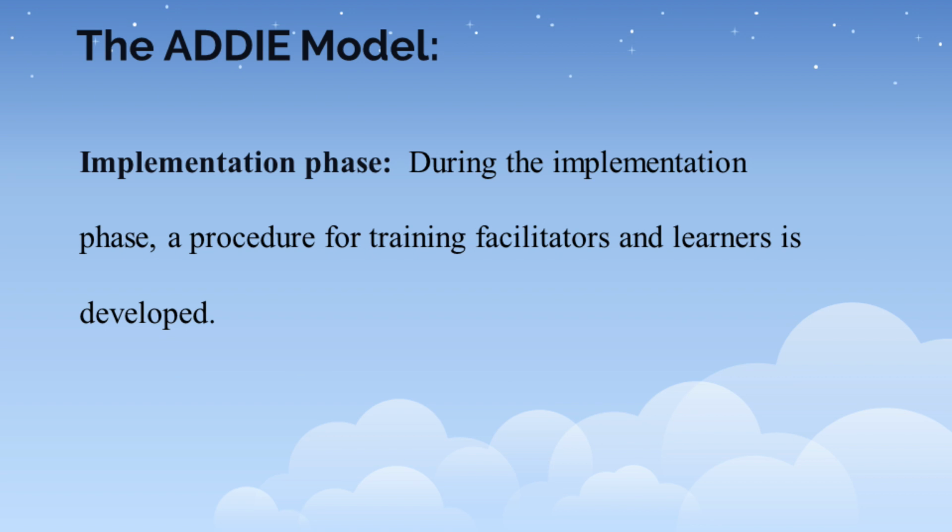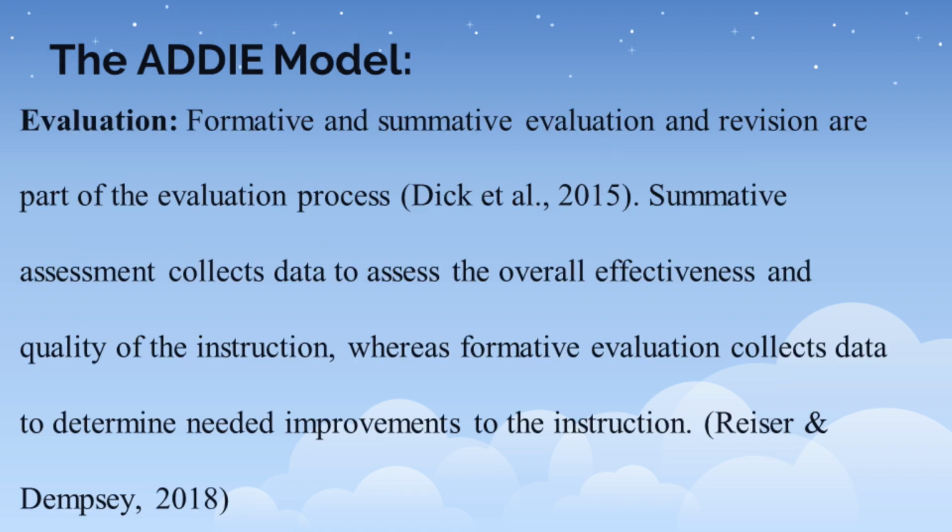During the implementation phase, a procedure for training facilitators and learners is developed. The evaluation phase. Formative and summative evaluation and revision are part of the evaluation process. Summative assessment collects data to assess the overall effectiveness and quality of the instruction, whereas formative evaluation collects data to determine needed improvements to the instruction.